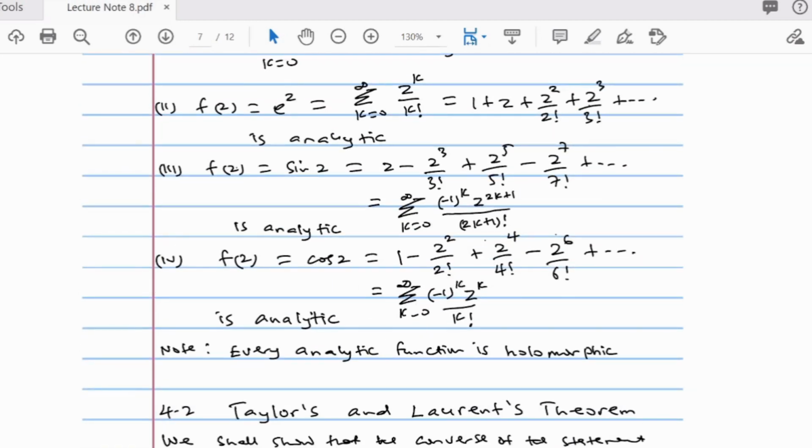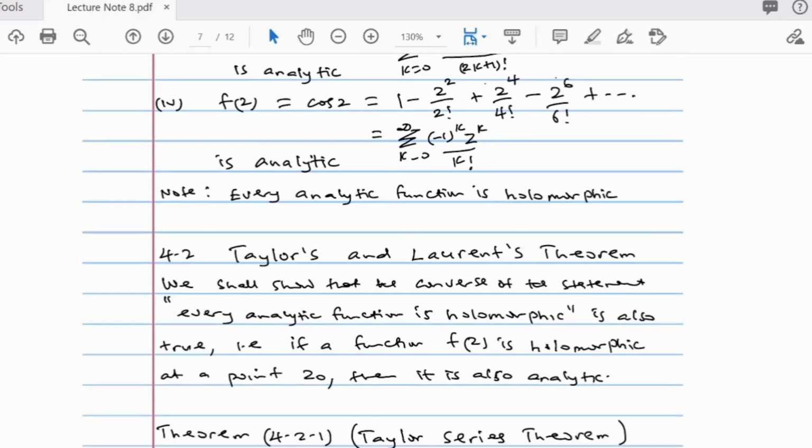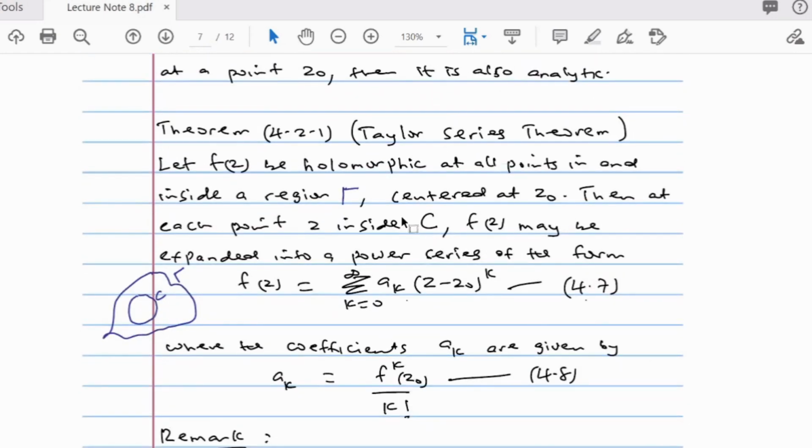So now the power series or the Taylor series of f of z at z0 is given as 4.7. So how do you compute your a k? This is the formula for computing your a k. a k is the kth derivative of f at z0 over k factorial.